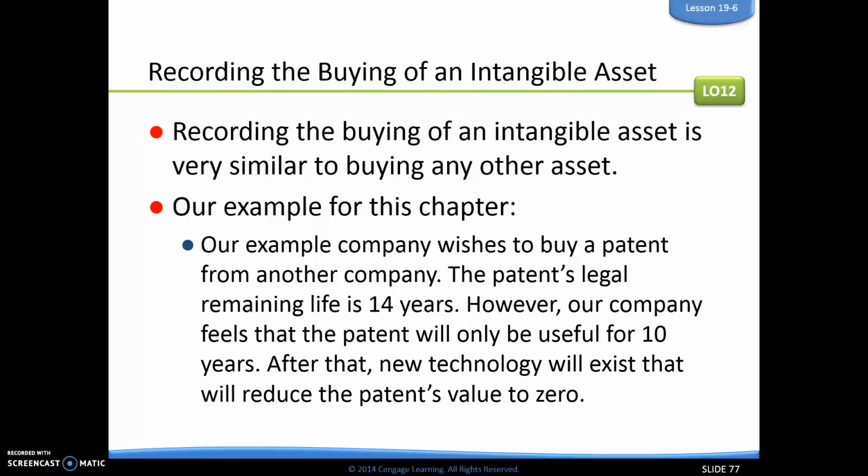And the patent's legal remaining life is 14 years. So they've clearly held the patent for 6 years, and it has 14 remaining, according to that patents have a 20-year legal life. However, our company feels that the patent is only going to be useful for 10 years, and after that, new technology is essentially going to reduce our patent's value to zero.